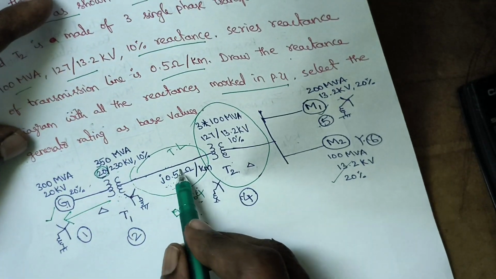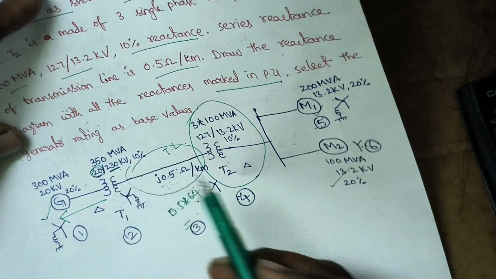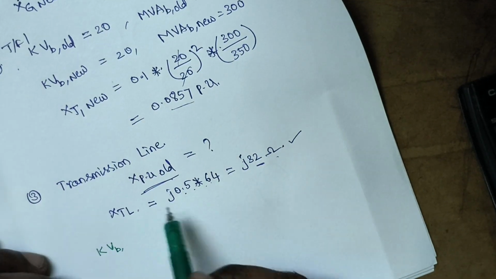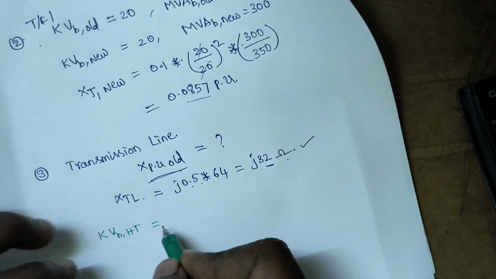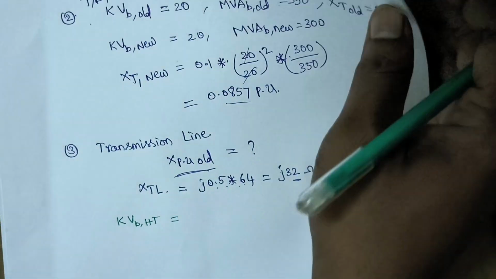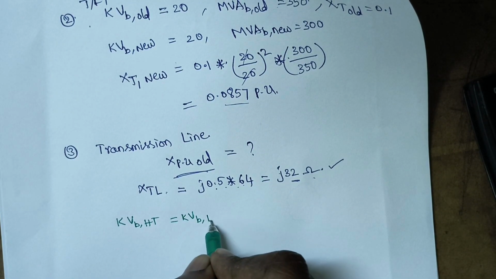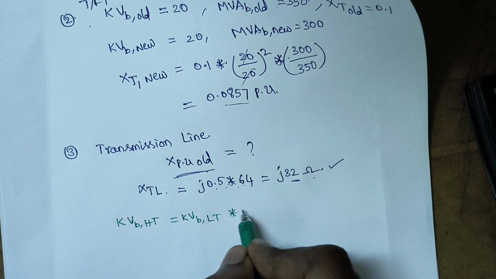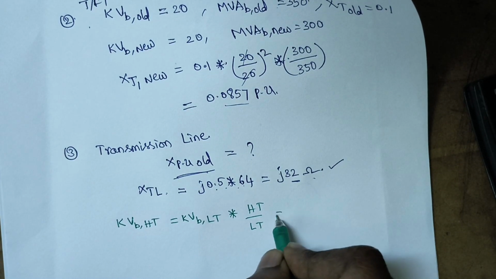The transmission line is connected on the secondary side, the 230 kV side. So KVB on HT is equal to KVB on LT into HT by LT.